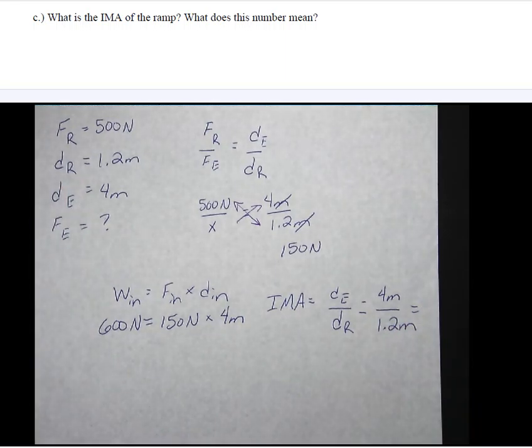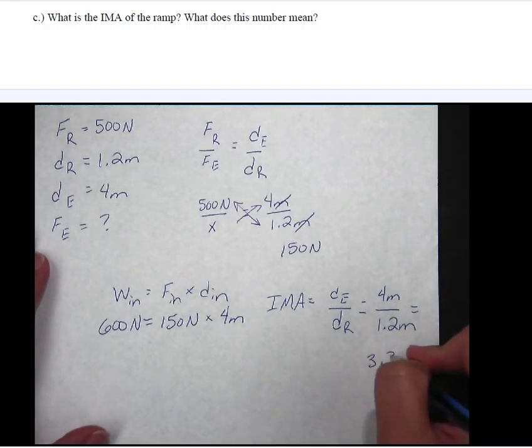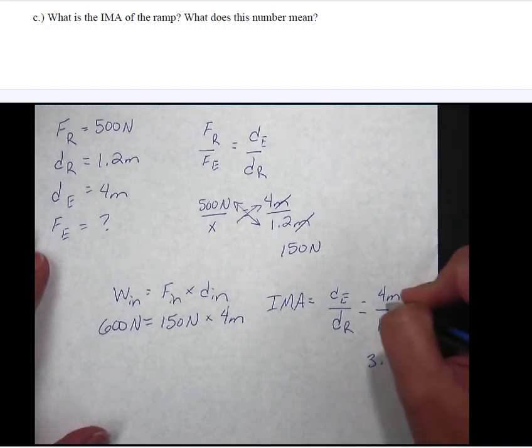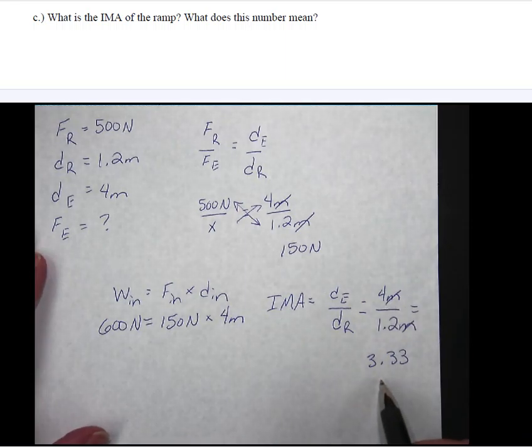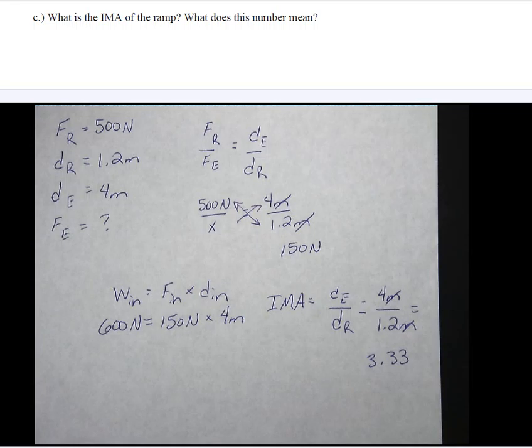So 4 divided by 1.2 is 3.33. Again, meters cancel out, so I have no unit. So IMA is 3.33. That means it is 3 1/3 times easier to push that box up, again, assuming no friction, must be on rollers, and again in Hogantopia. That's what that means. It's 3.33 times easier to get that box to that same point by pushing it up a ramp than it is to lift it.